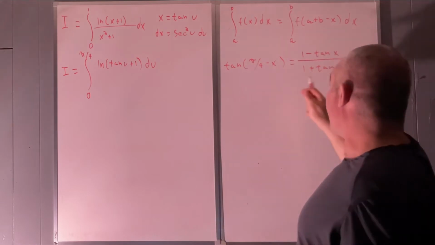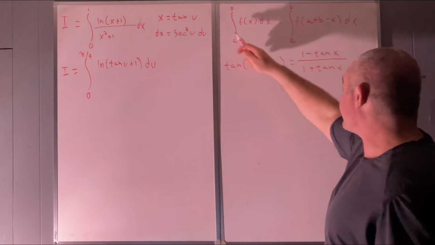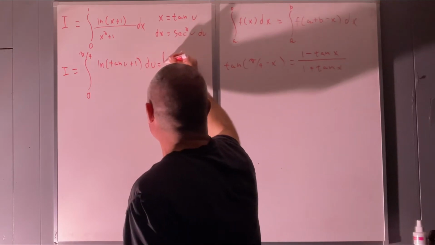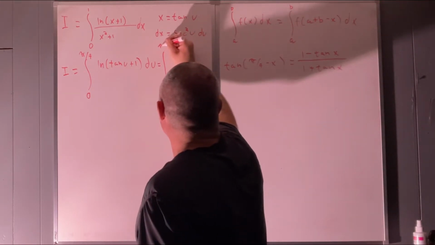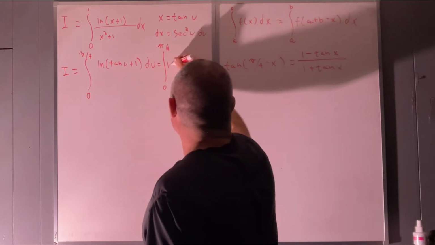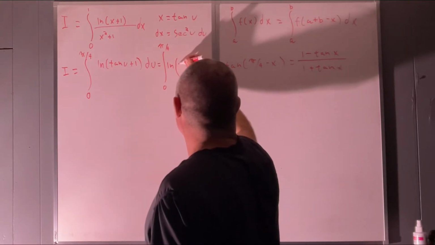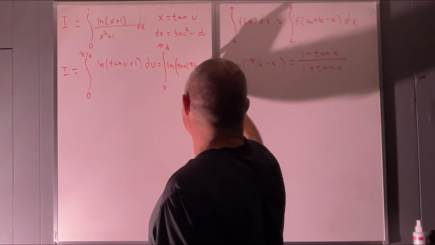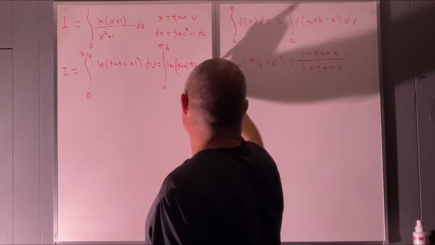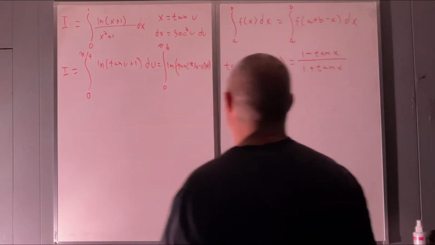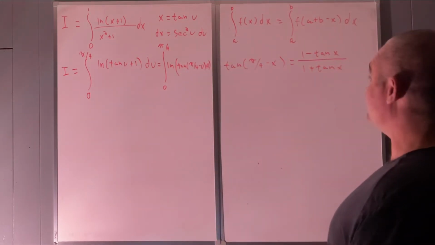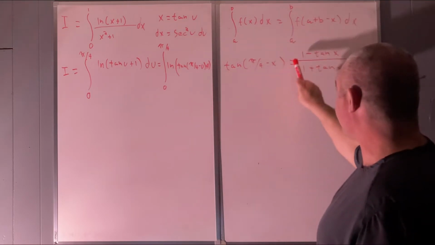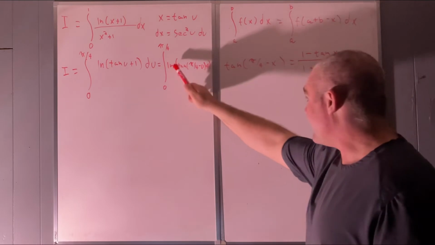All right, now utilizing this King's property right here, we know that this is also equal to the integral from 0 to pi over 4 of the natural log of tangent of pi over 4 minus u plus 1. And of course there's a du there, but I don't have room to write it. All right, so now let's use this property right here on this right here.